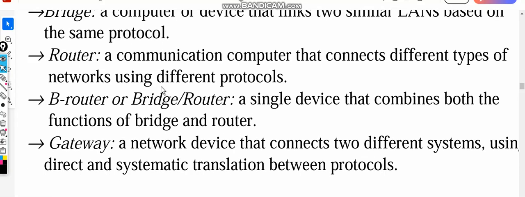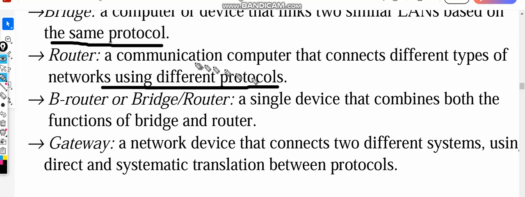A router is a communication computer that connects different types of networks using different protocols. So a bridge uses the same protocol, a router uses different protocols. It connects different types of networks.